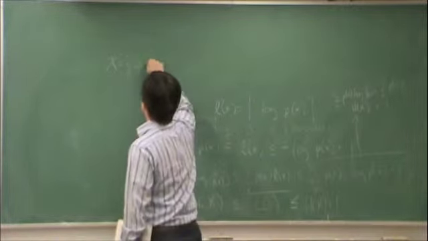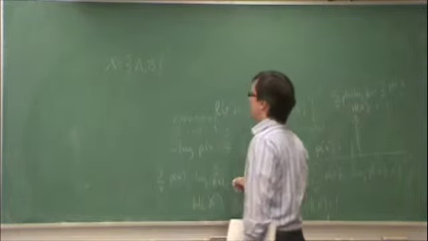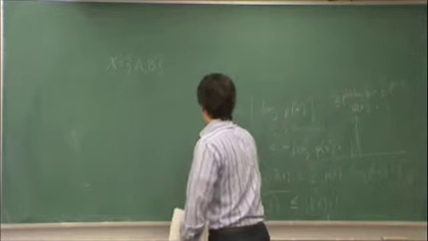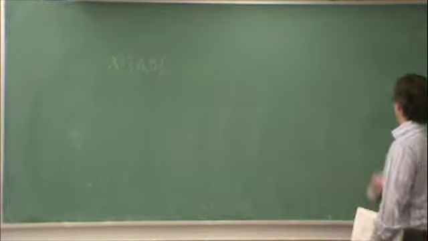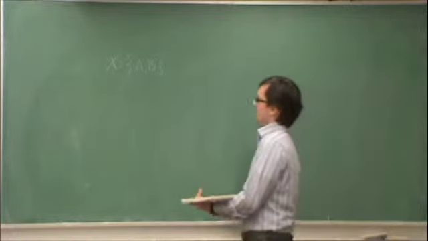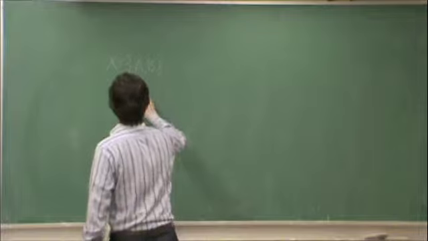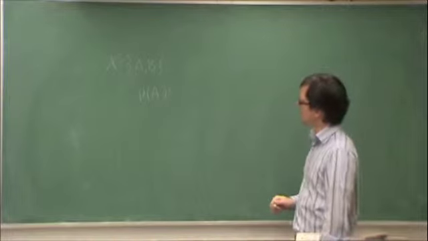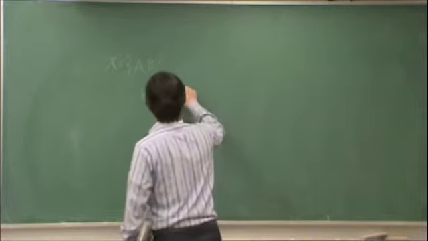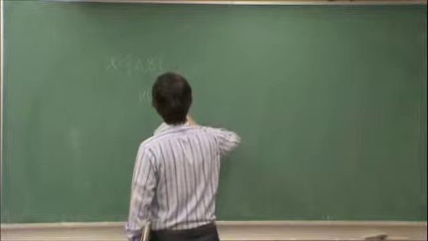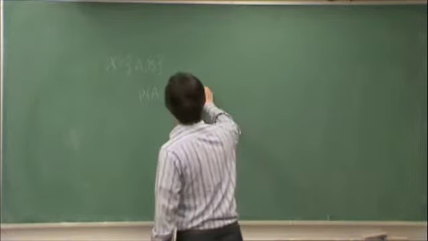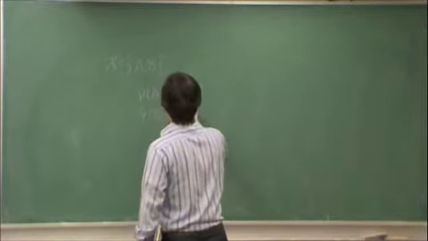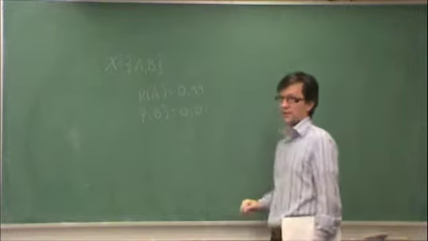Let's say that the source just has 2 letters, A and B. Let's say the probability of A is something very close to 1, and the probability of B is 0.01, 1 minus that.